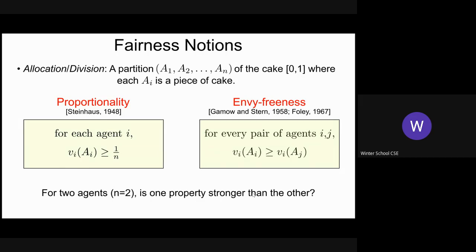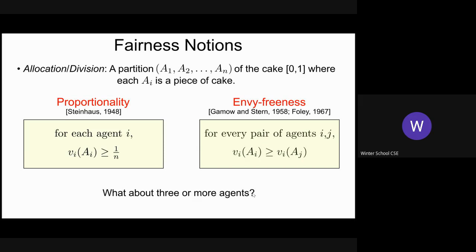If I'm agent i, proportionality says I'm getting a value of at least a half, which means my value for the other piece is at most a half because of normalization. That means I don't envy the other person, and likewise, the other person does not envy me. So that's why this is an envy-free division. So for two agents, these are the same properties. Any allocation satisfying one definition implies the other.